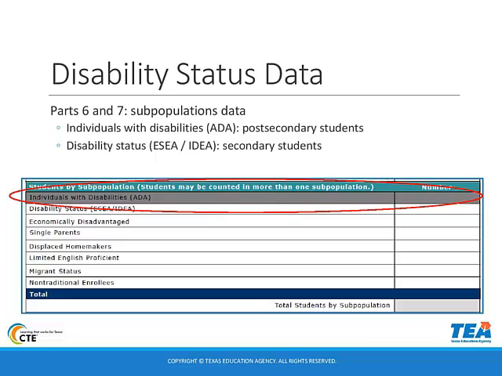The reason that's grayed out is because that line applies to post-secondary students and not secondary students. Secondary deals with the ESEA and the IDEA, and that's where secondary students would be reported. So we've grayed out the ADA line just so that you cannot make a mistake and put the data in the wrong place. So don't let that be confusing to you.